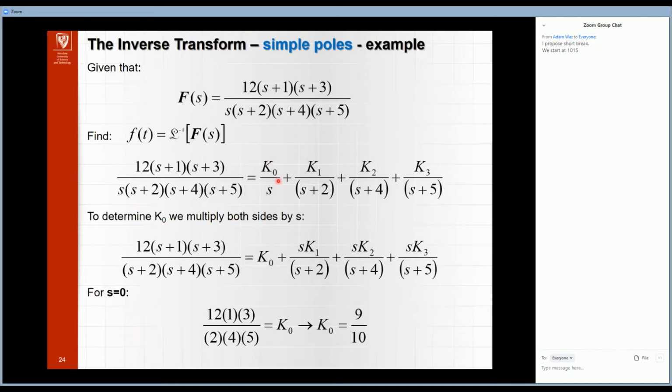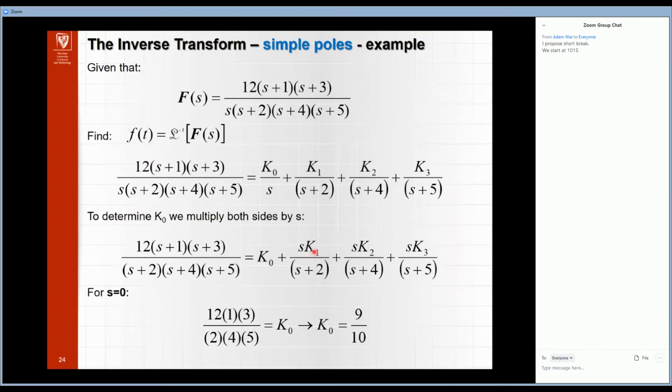The first factor, K0, is found when we multiply both sides by s. So on the left, s disappears, because this s and this s are divided, and now we put s equal to 0, and we calculate this result.